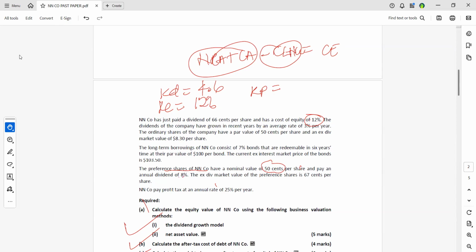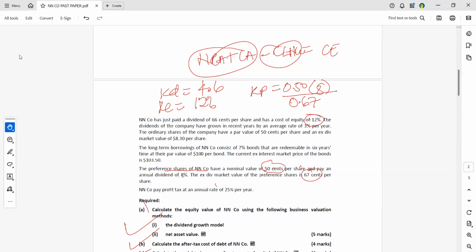So the nominal value is 50 cents. In that case, I have 0.50 times 8, all divided by the price of a preference share. The price of a preference share is quoted as 67. So I'll divide by 0.67.